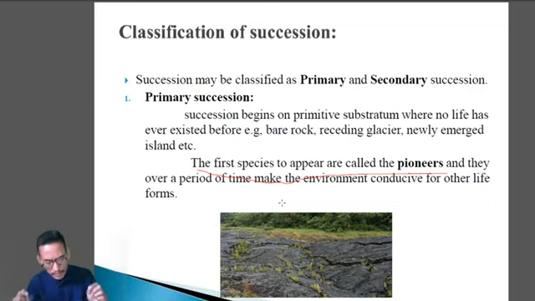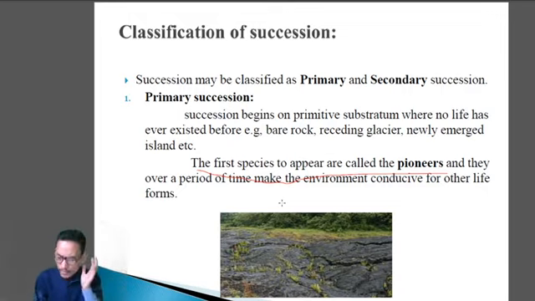So what is primary succession? Primary succession is a kind of succession which occurs on a primitive substratum where there was no existence of life, or we can say that primary succession begins on a primarily bare area which has not been occupied previously by any community.